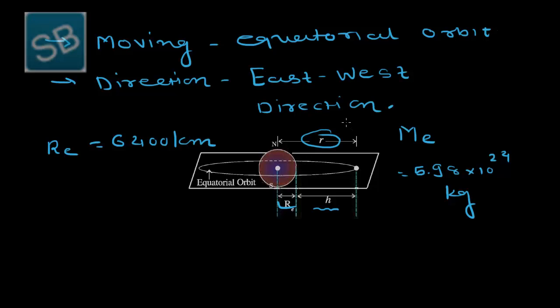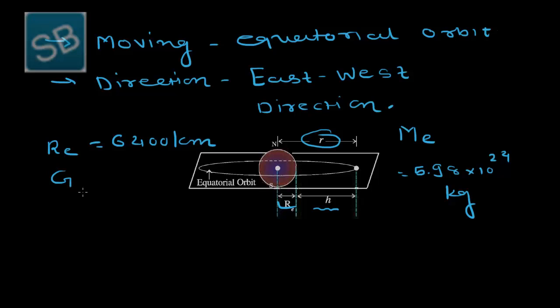So it is necessary that we should find out the value of this small r, and in order to find out the value of small r, I can directly put in the equation of time period by using the values. What are the other values?